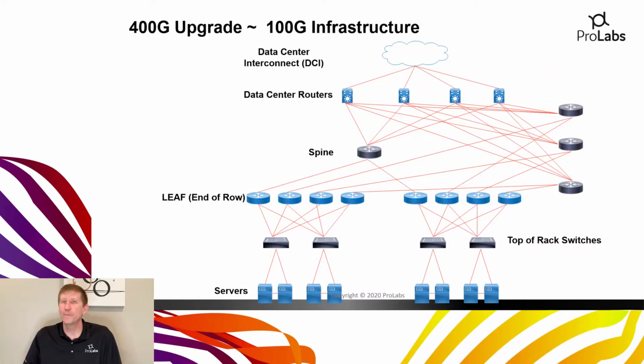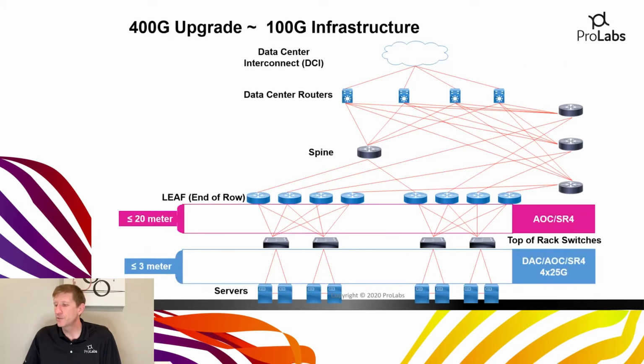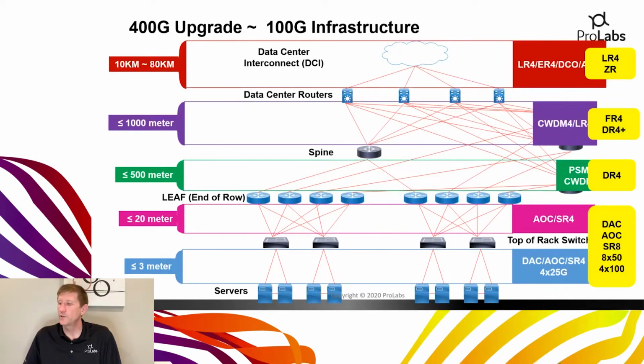Where things are interesting and make it very easy for the upgrade to 400 gig is that for each step in this network, there's a corresponding 400 gig transceiver type. So for each reach, you're going to have an arrow in the quiver, if you will, for every aspect.